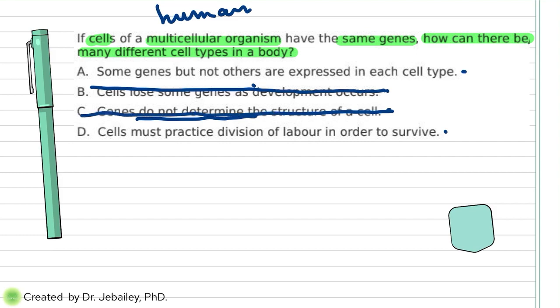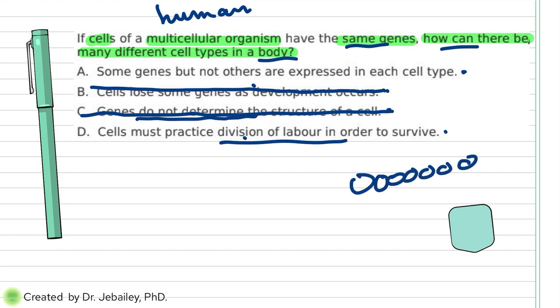So then you'll be stuck between some genes but not others expressed. That looks more likely. And this one, they must practice division of labor in order to survive. But what does this have to do with how you can make different cells have different functions? They have the same gene, but each one is different. And this is saying, oh, because they have to have different jobs. Well, you might have many heart cells and they're all doing the same job.